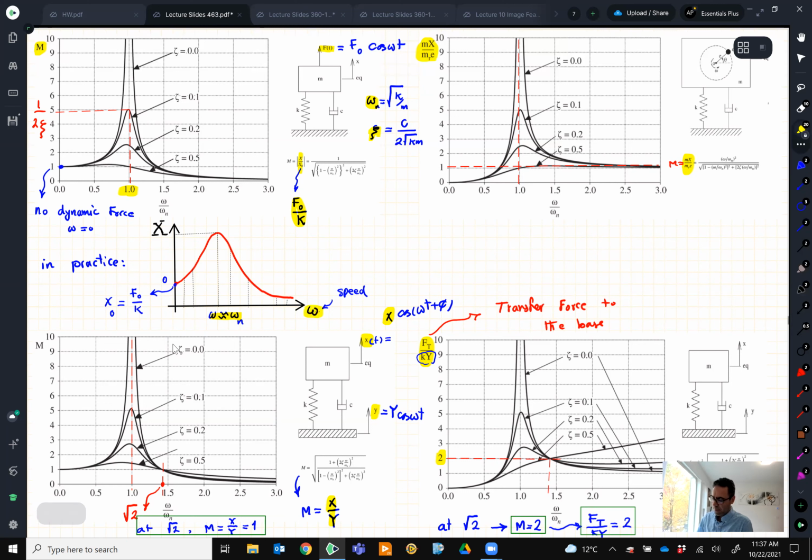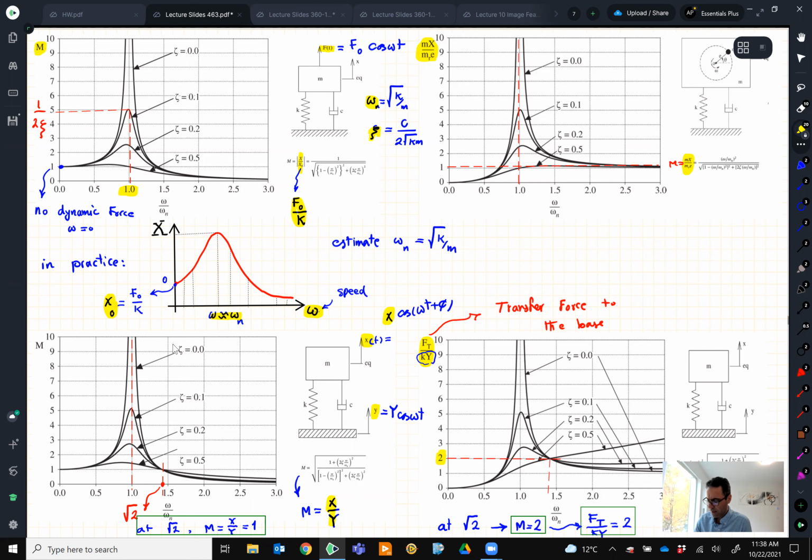All right, so this is a typical graph that you would get in practice. From this graph, obviously you can estimate omega n, and when you have omega n, the square root of k over m, you can estimate your mass system because already from this portion you can estimate your stiffness.